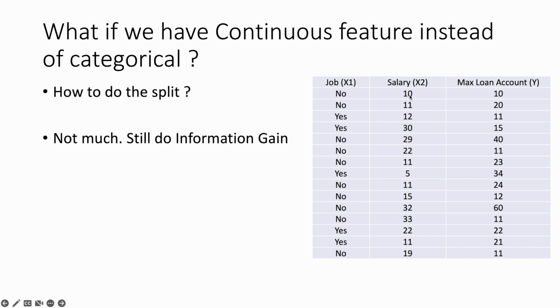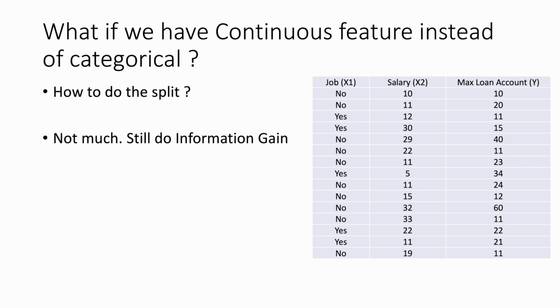Once we have the ascending order, we'll treat the midpoint as a candidate. Let's say my first observation is 5, and the second observation is 10. The midpoint of 5 and 10 is 7.5. So my first candidate for this feature will be, should I split at 7.5, like salary less than 7.5 and salary more than 7.5?